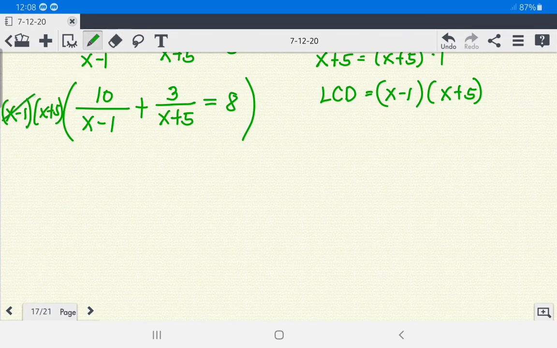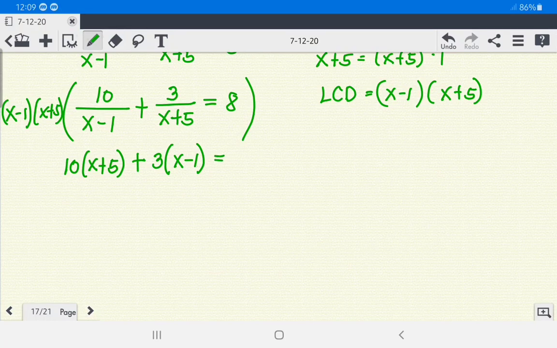So, we can cancel x minus 1. Okay? So, we have only x plus 5 and then 10. So, we have 10 times x plus 5. Then plus x minus 1 times x plus 5 times 3 divided by x plus 5. So, this time, we're going to cancel x plus 5. Then, we have to multiply 3 by x minus 1. So, we have 3 times x minus 1.